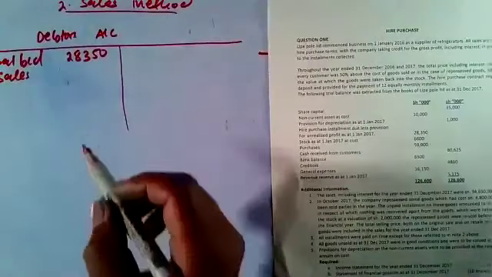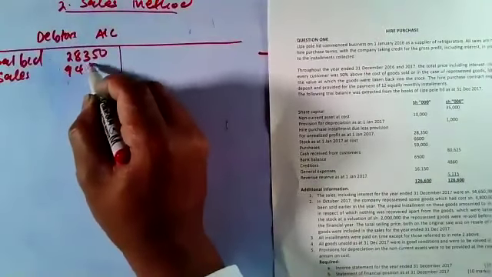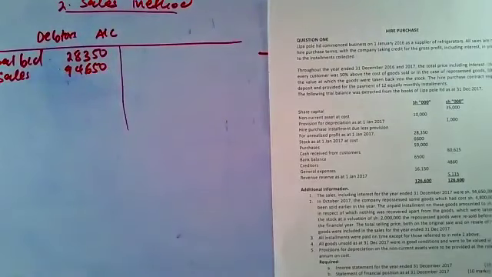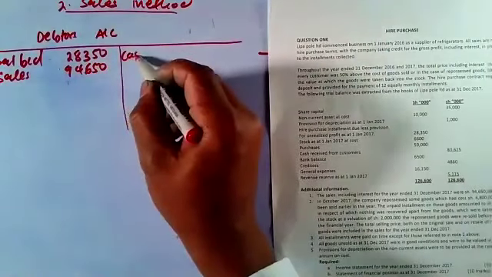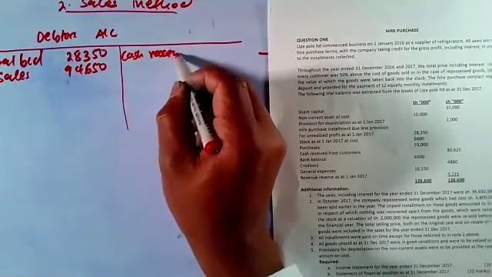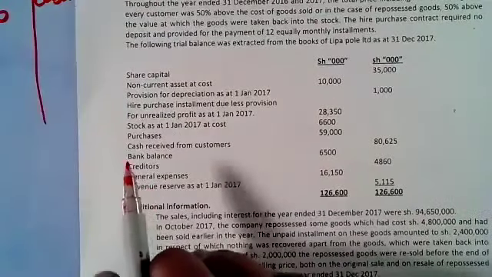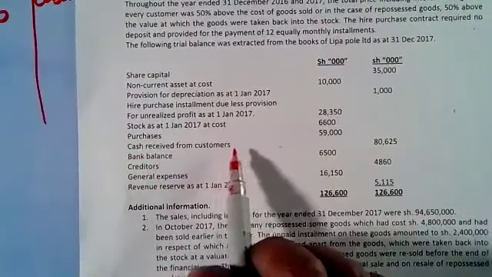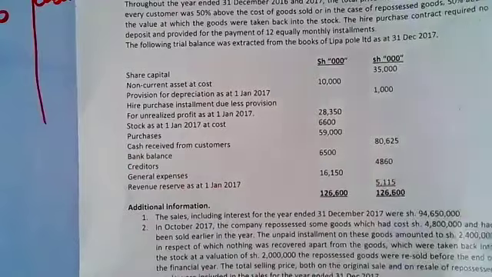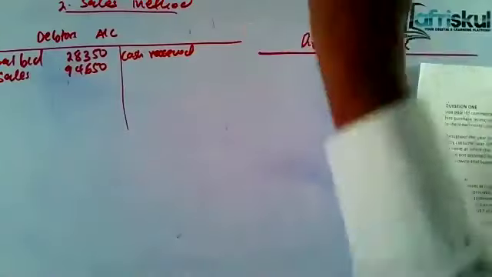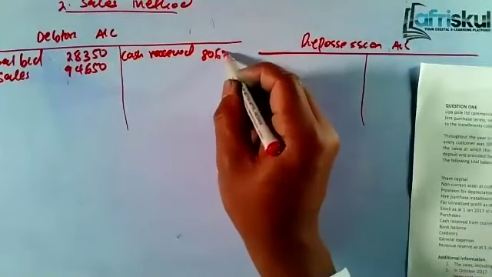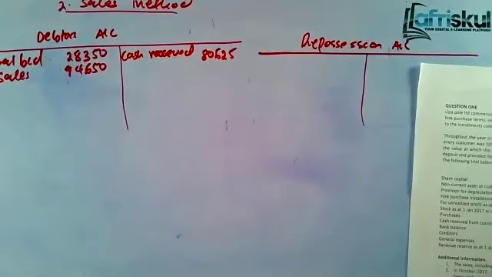So hiyo una debit still, which is 94,650. Then kwa hizi tuliuza, nimeona kuna pesa tulipokea, the cash received. For the cash received, here we have cash received from the customer, 80,625.